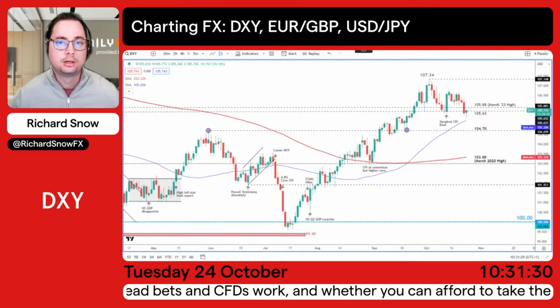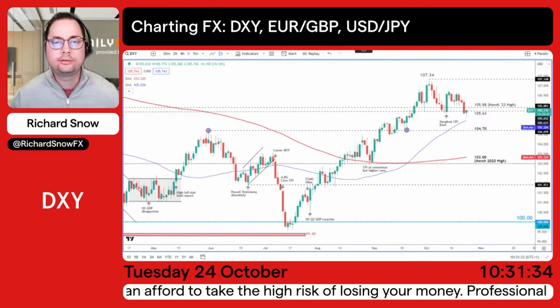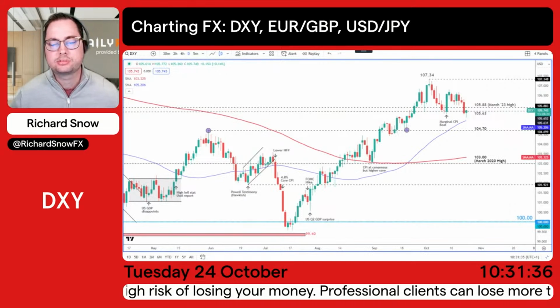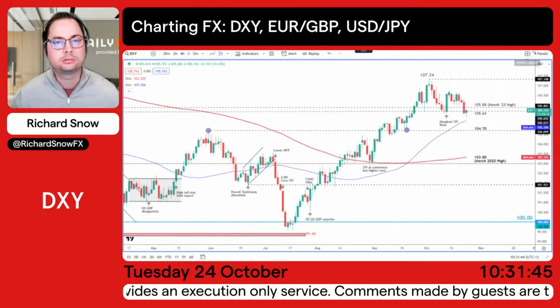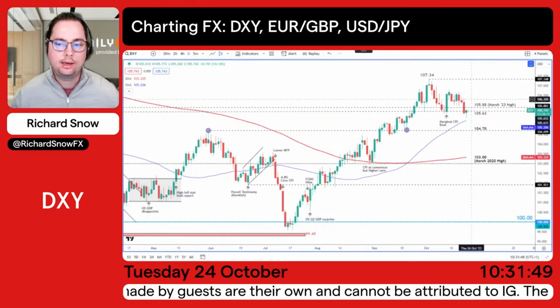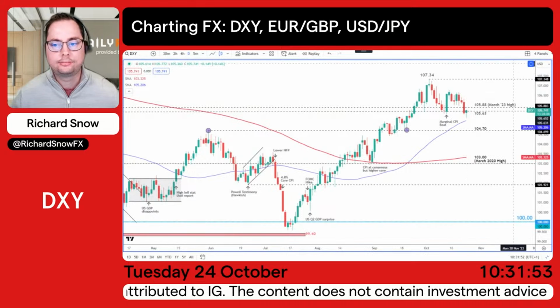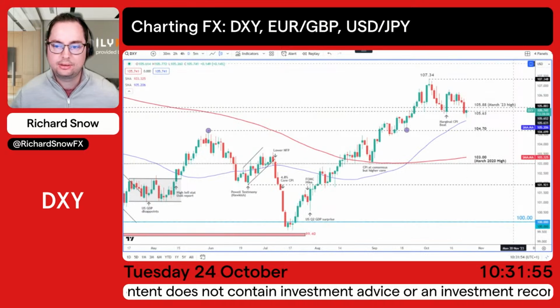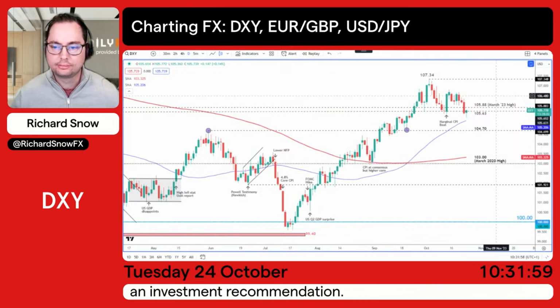While we've been seeing US yields, particularly the 10-year benchmark, moving higher, we've failed to see that same movement in the dollar. That appears to have come back into play. We saw that link once again yesterday. We saw quite a drastic sell-off in US 10-year yields, and as such, we've seen a move lower in the dollar basket. So it appears as if that is something that needs to be considered going forward.